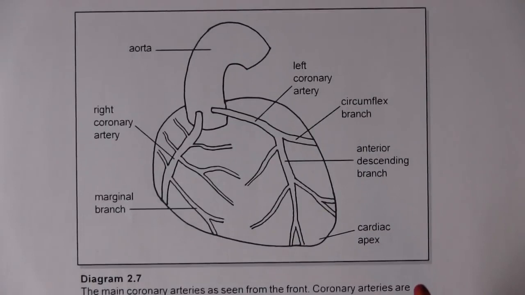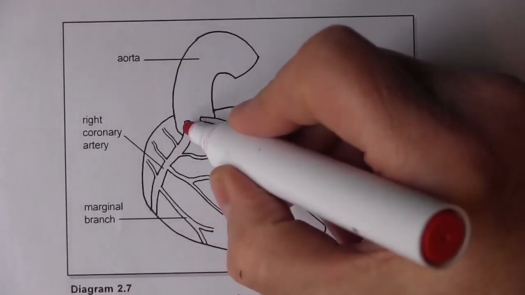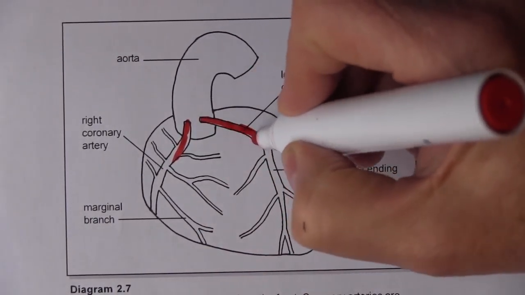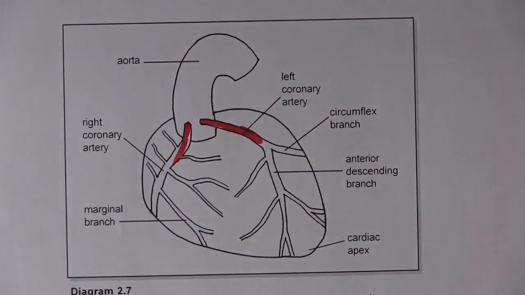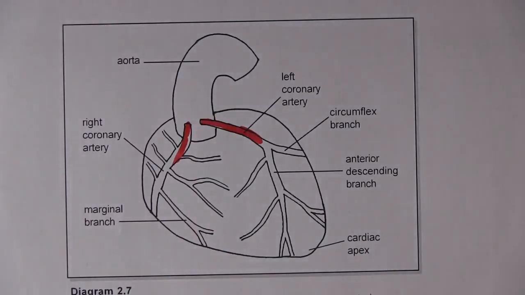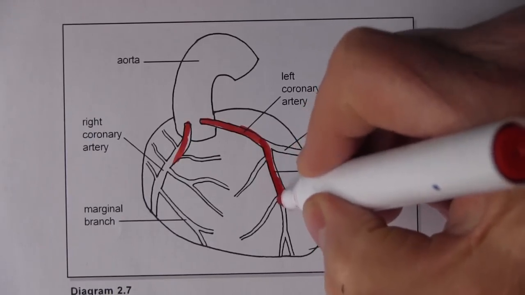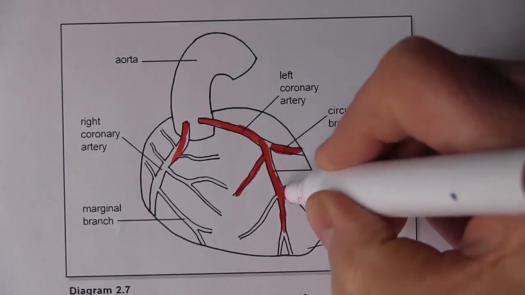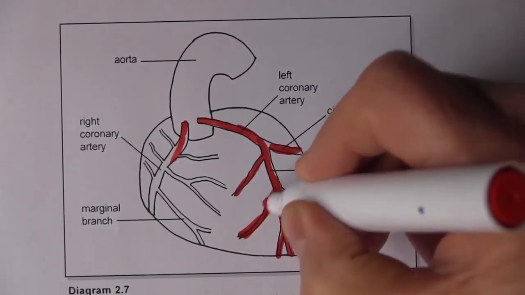So the very first 2 vessels that leave the aorta are the right coronary artery and the left coronary artery. So there's going to be other vessels from here, you go up to the head and the arms and all sorts of things. But the very first 2 blood vessels, the arterial vessels that leave the aorta, are the coronary arteries. And it's these coronary arteries, they actually go over the surface of the heart. They're not quite as thick as I've drawn them here in real life. I've drawn them a bit thicker so you can see them.